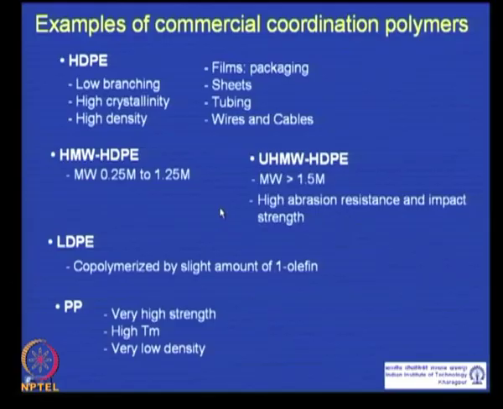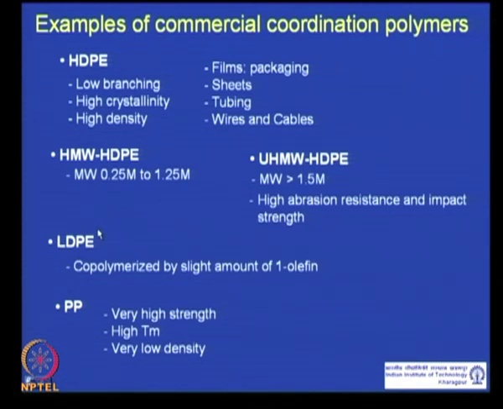Now, before we end this lecture, let us go through a few commercial coordination polymers. For example, high density polyethylene, which has low branching, high crystallinity, high density. You can use these coordination catalysts to make high molecular weight, high density polyethylene, or ultra high molecular weight polyethylene.